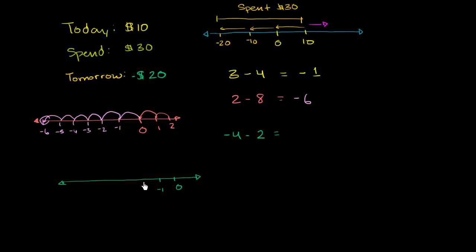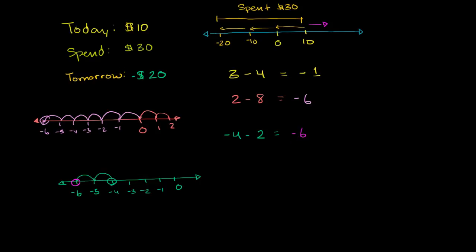This is negative 1, negative 2, negative 3, negative 4. So that's where we're starting. Now we're going to subtract 2 from negative 4. So we're going to move 2 to the left. If we subtract 1, we will be at negative 5. If we subtract another 1, we are going to be at negative 6. So this is negative 6.